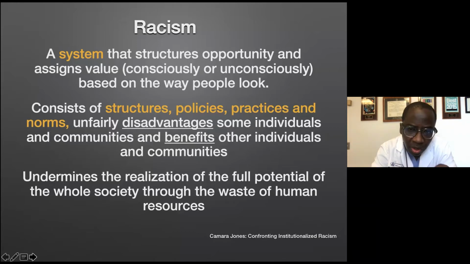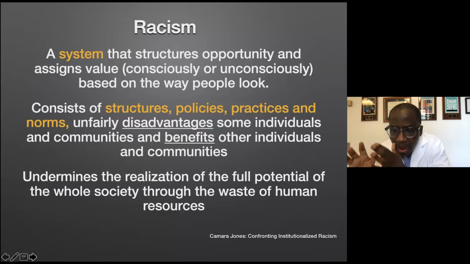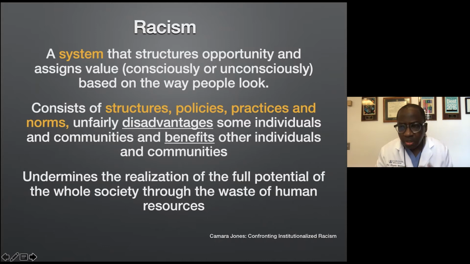It consists of structures, policies, practices and norms that, and this is important, unfairly disadvantage some communities and individuals, but also benefit other individuals and communities. And the tragedy of this is that it really undermines the realization of our collective potential.